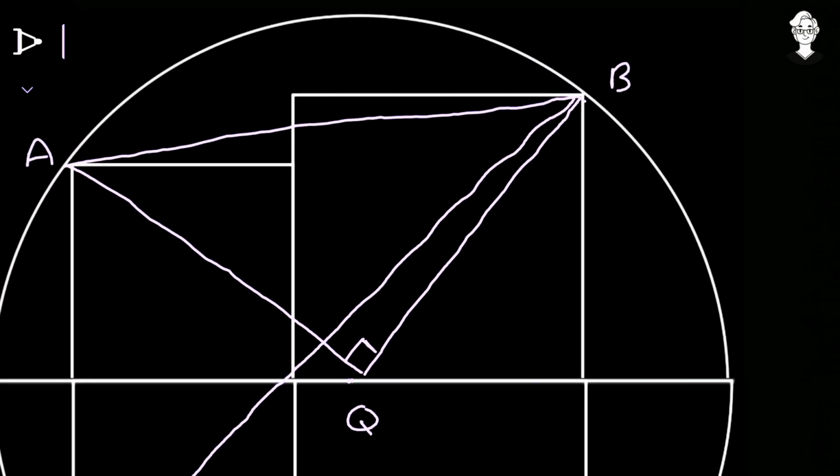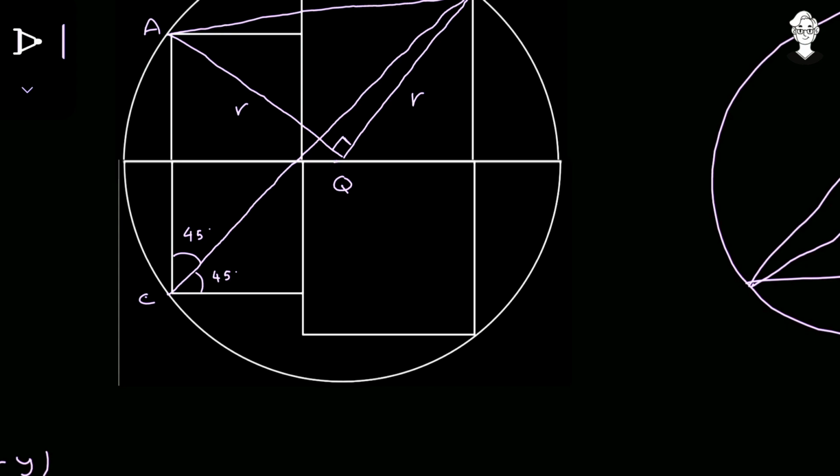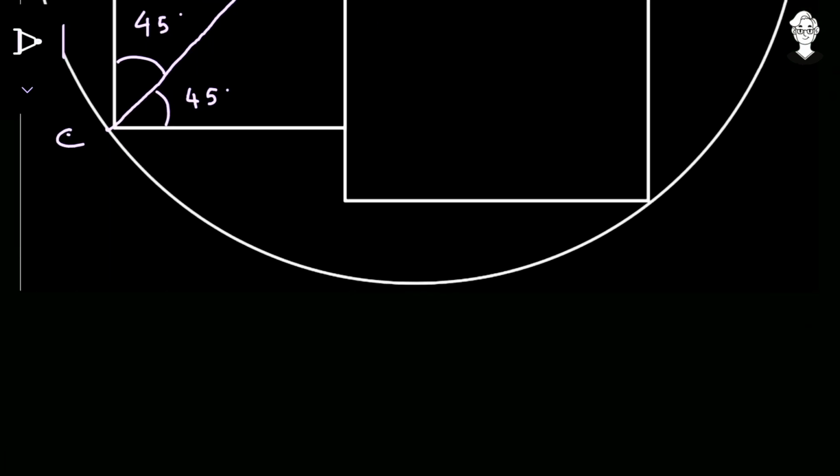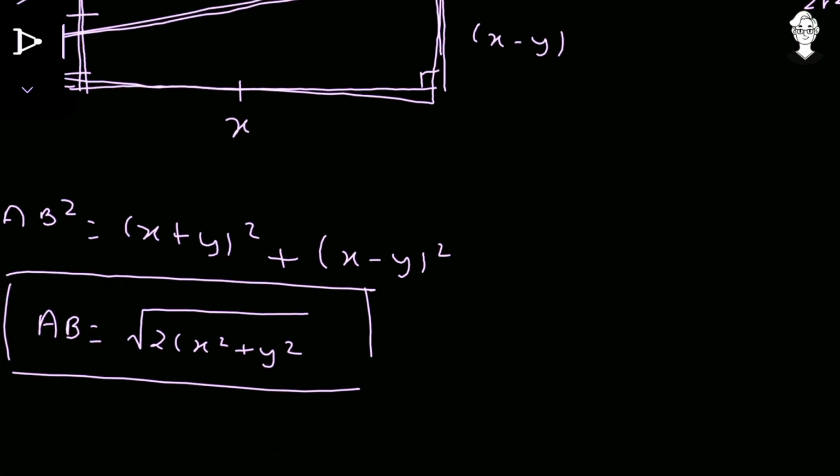And also QA and QB are both radii of this circle. So let the radius be equal to r, and as this angle is 90 degrees, we can again apply the Pythagoras theorem. AQ square plus QB square is equal to AB square. AQ and QB are r and r, so r square plus r square gives me 2 times r square, and that is the value of AB square. And note that we have AB equal to the square root of 2 times x square plus y square.